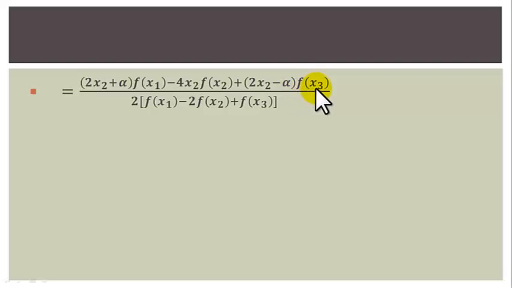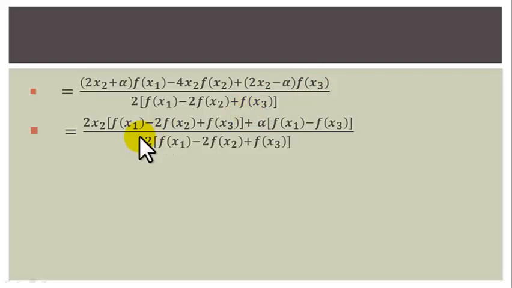So we will now obtain this. 2x2 is common, so it is factored out to give us f of x1 minus 2 f of x2 plus f of x3 in bracket, then plus alpha is common, so we factor alpha out here into f of x1 minus f of x3, all over 2 into this expression.